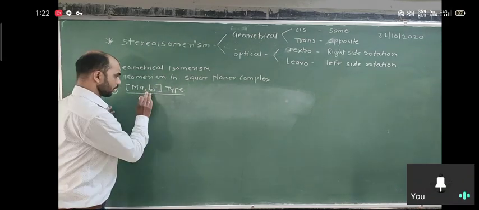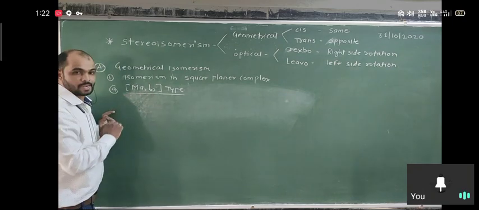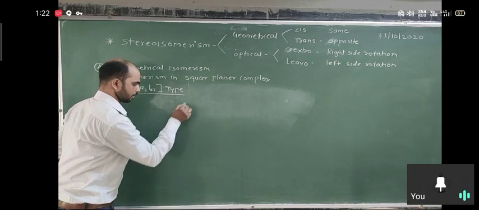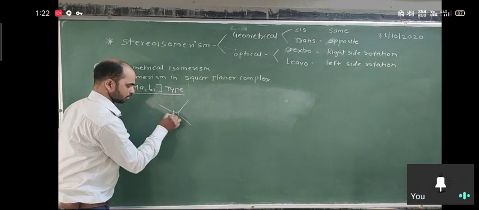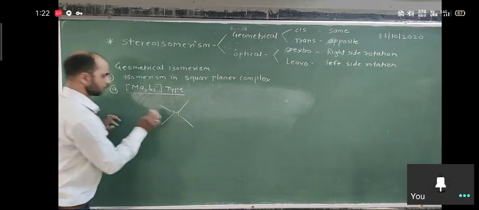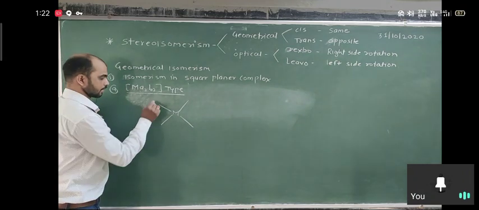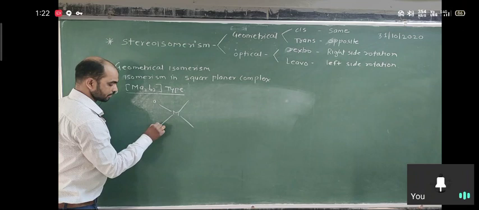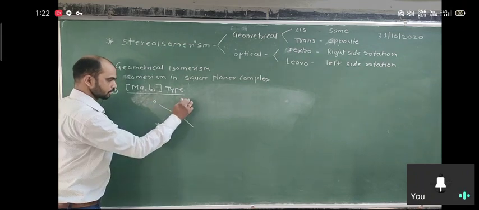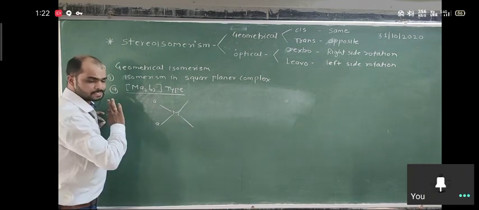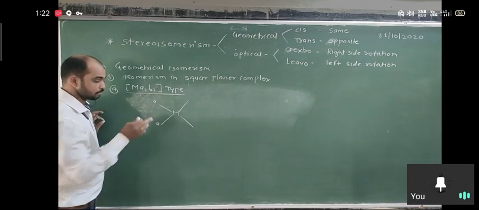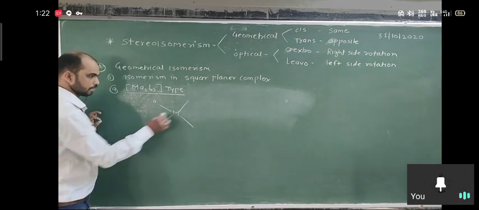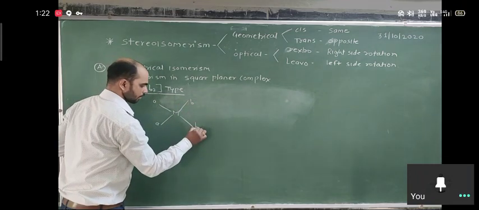So how do we represent the geometrical isomers of this type of complex? Suppose we consider M here and draw the square planar. For cis, we consider AA the same type of ligand, adjacent to each other, either these two positions or these two. You can consider any two positions; the condition is both lie adjacent to each other. If there are AA, we consider B here and another B here.